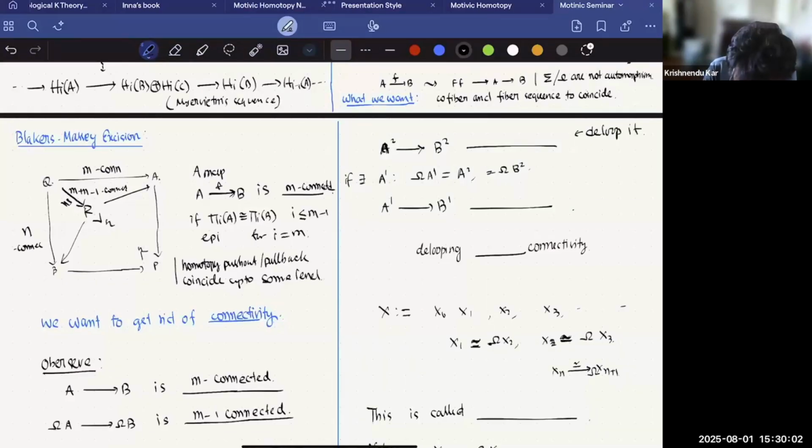So if this map A2 to B2 is N connected, there's a reason I call this A2 B2, we'll see this. And I assume that there exists an A1 for which the loop space of A1 is your A2. So that means that A2 is being delooped. And the loop space of B1 is B2. Then your A1 to B1 will be N plus 1 connected.